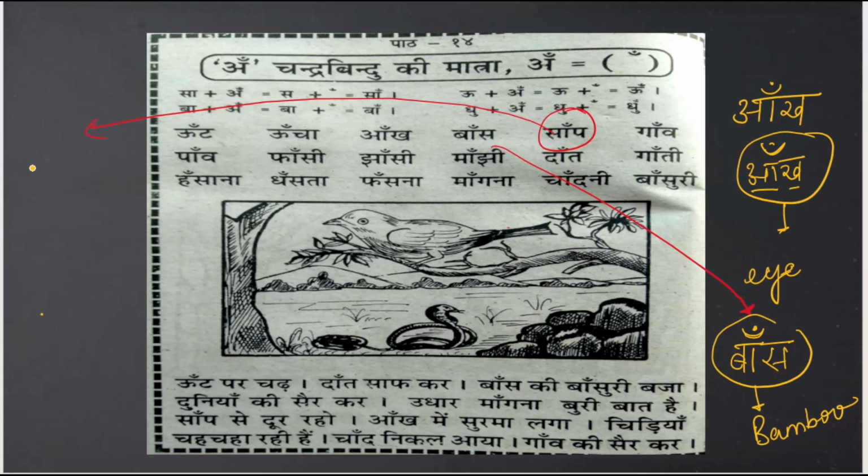This is letter sa. This is the matra of a. This is again Chandrabindu and this is pa. Now it became saanp. If it were simply this one, the pronunciation would be different, but due to this matra of Chandrabindu, it became saanp, which means snake.